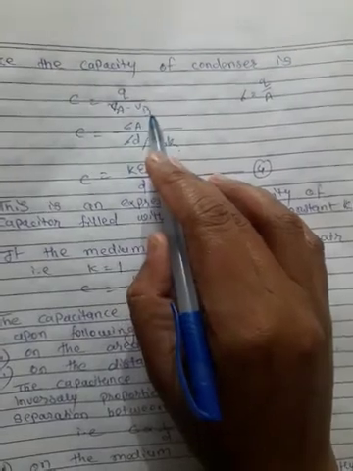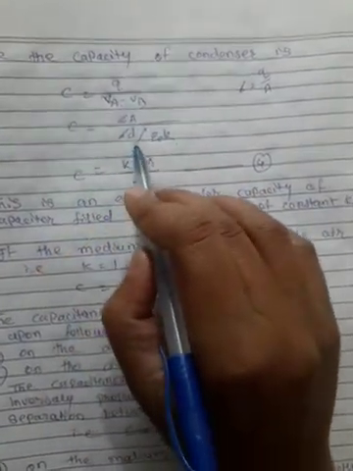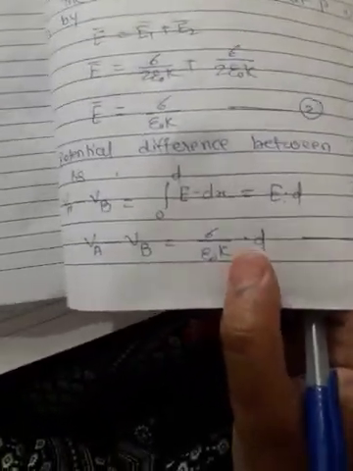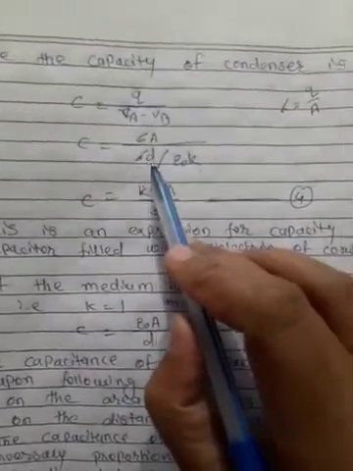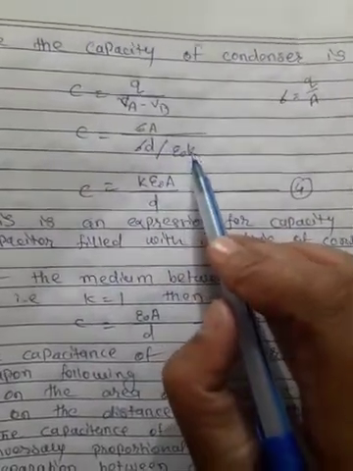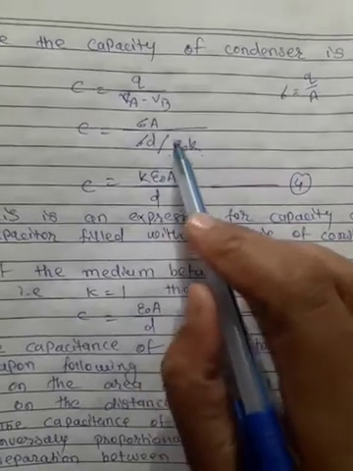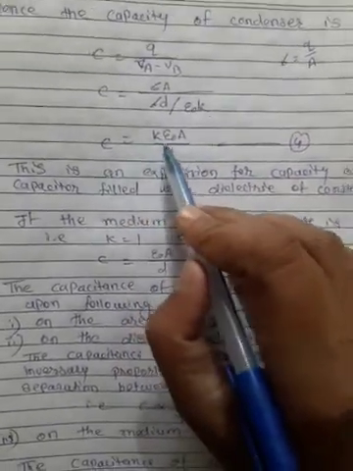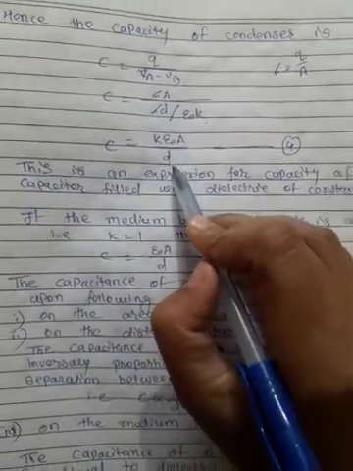VA minus VB is the potential difference, and we substitute this from equation 3, the previous equation. Here we get sigma into d upon epsilon naught K. After substituting and solving, we get the final equation C equal to K epsilon naught A upon d.